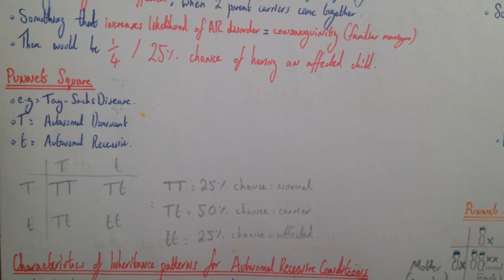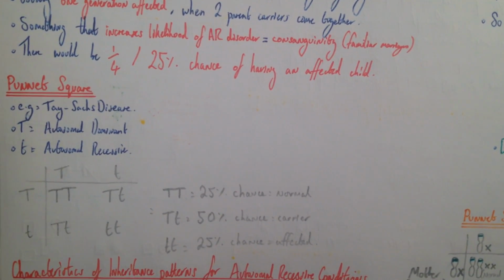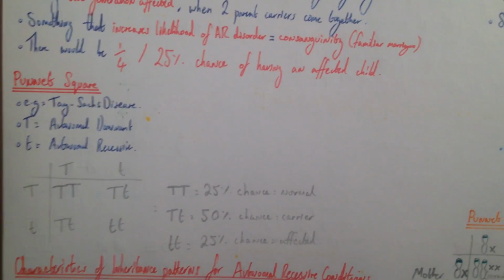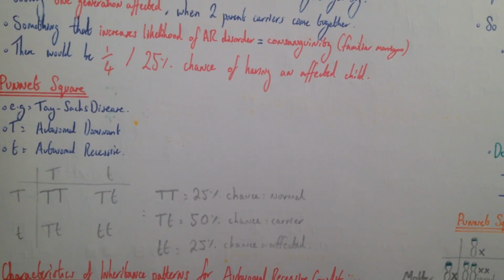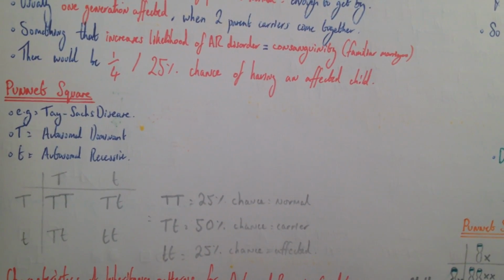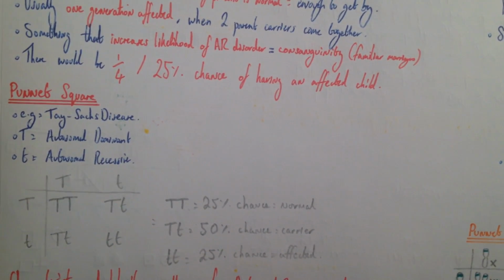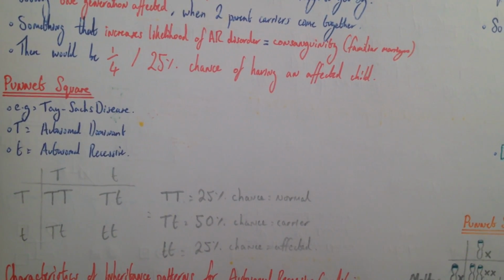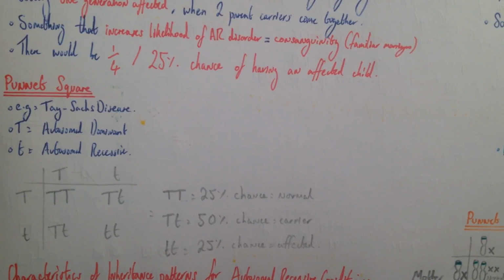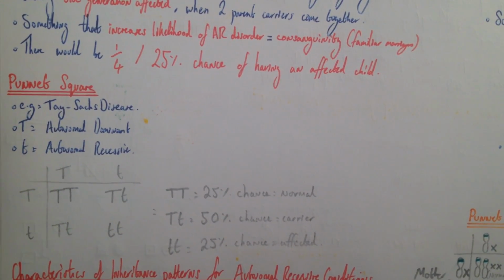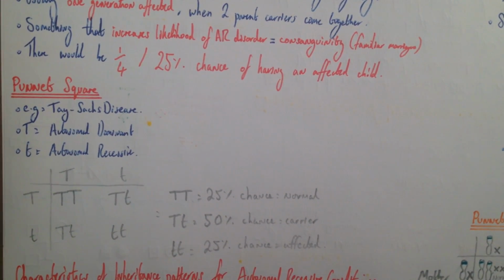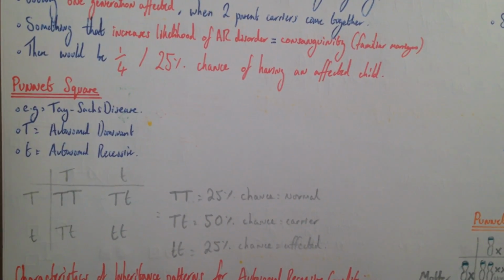This is too complicated to explain, but basically, if two carrier parents mate together and have children, there's a 25% chance of having a normal child, 50% of having a carrier, and 25% chance of being affected.